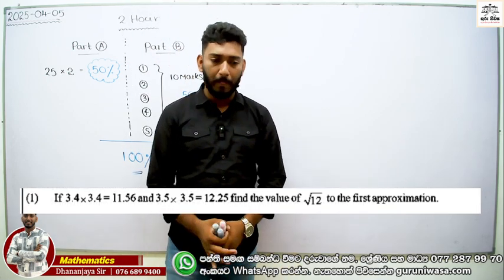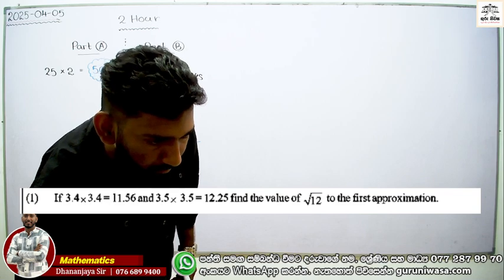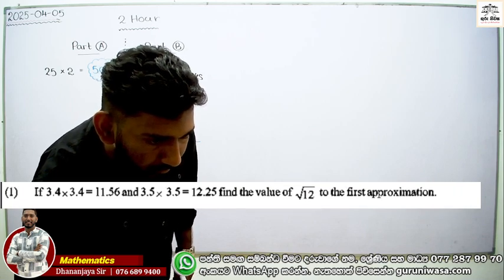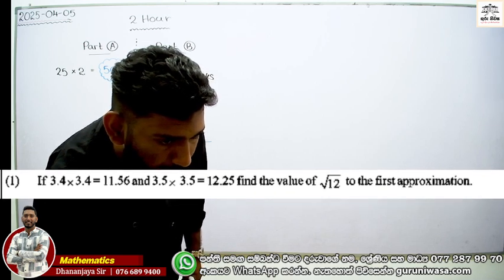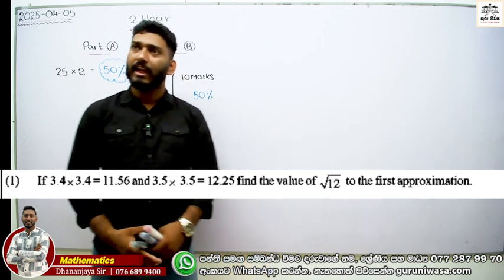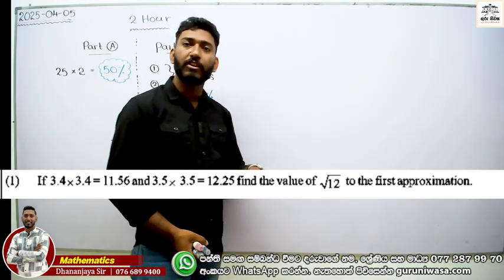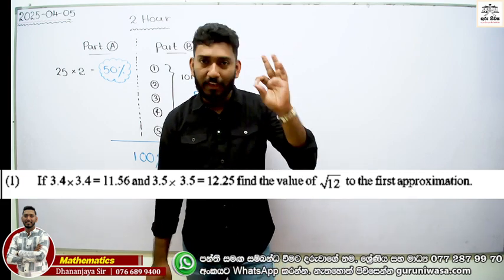First question. Let me enlarge the first question a little. Right, and this is the first question. And you know, this lesson is relevant to square roots, first approximation and the division method.